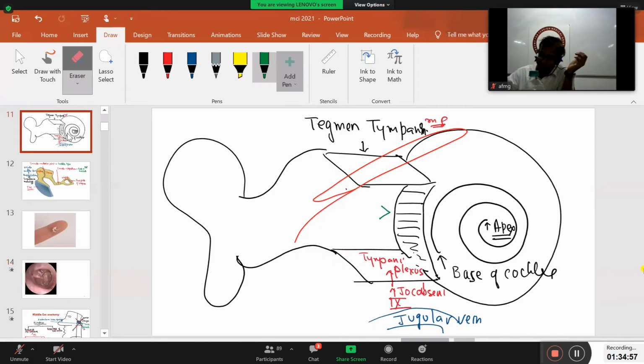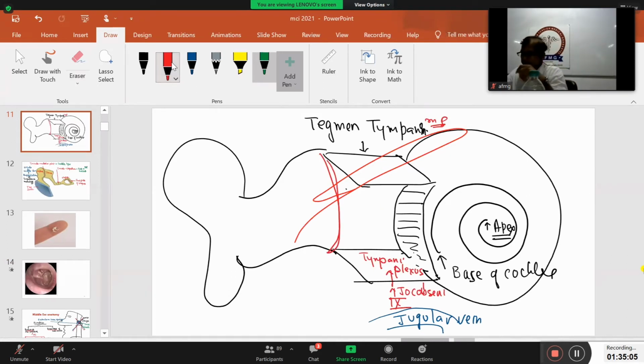Now, the tympanic membrane is here, right? And we all know that the tympanic membrane is touching the first ossicle. What is the first ossicle? Malleus. So if I draw the malleus, this is the malleus. This is the incus. Somebody who has done this, please remove it.